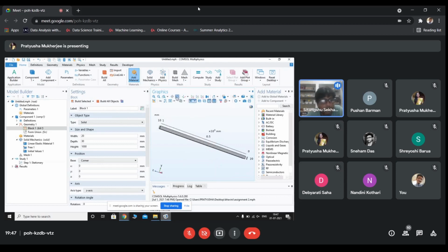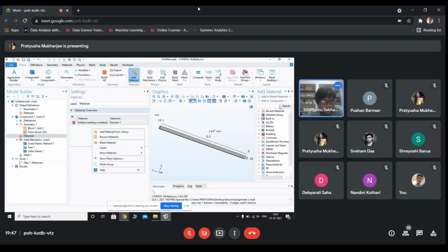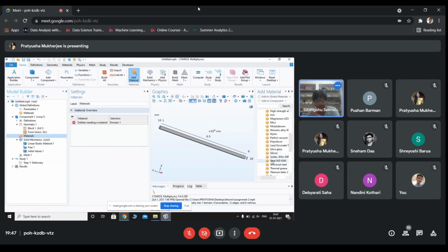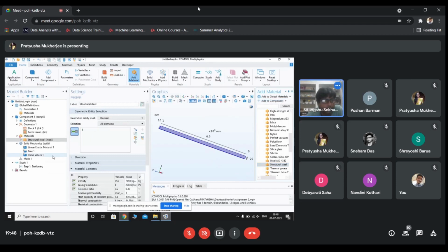Now you apply the material. It's structural steel. Okay, the material is applied.